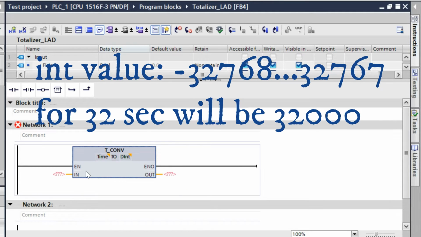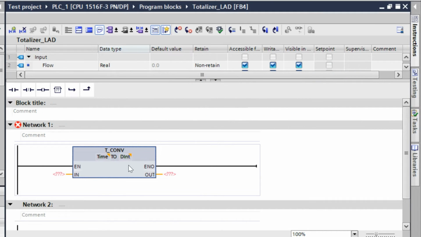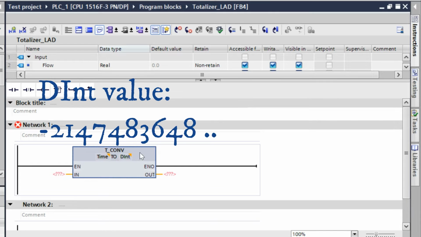So you cannot take more than 32 seconds. If you use the double integer value, you can take more than 32 seconds.